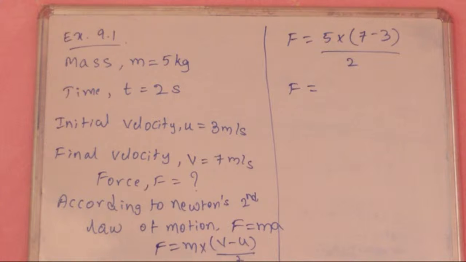After simplification, along with the answer, you have to write the SI unit also. Veerappa and Sharada gave the answer as 10 Newton. Any other answers? Don't copy the answer from your textbook, just solve and comment with the answer.